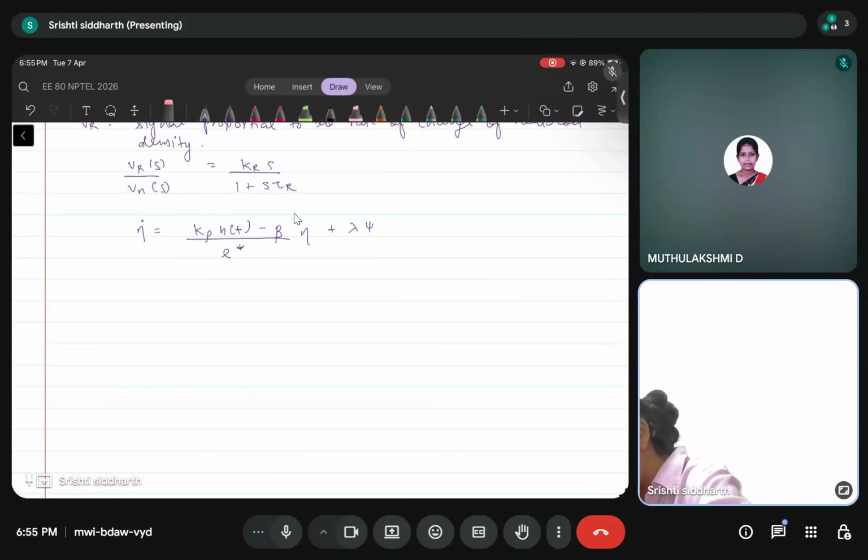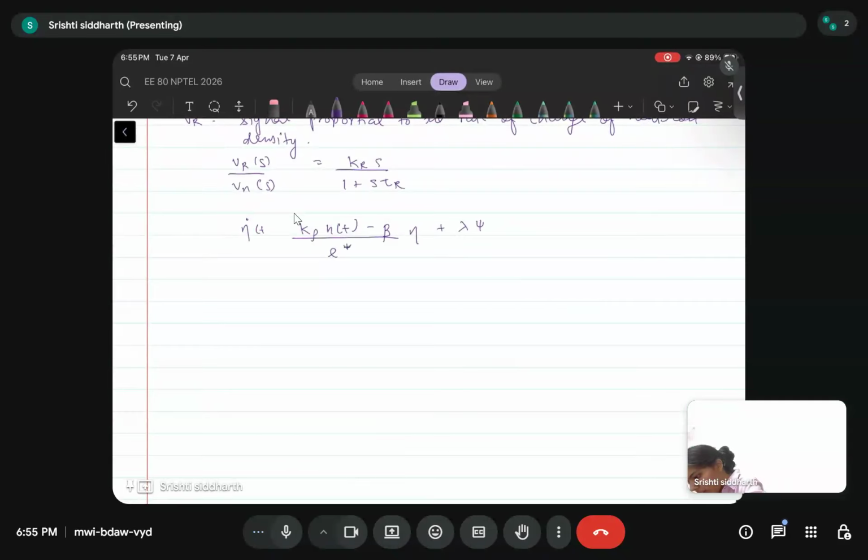Let's write the bracket t to show the time varying quantities. Then we have psi dot of t equals beta over L star eta of t minus lambda psi of t.